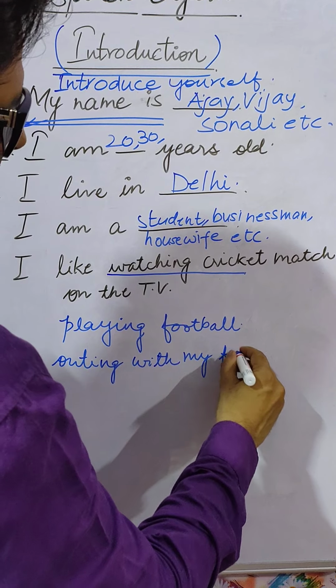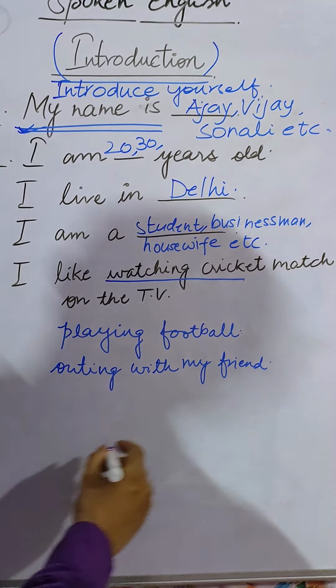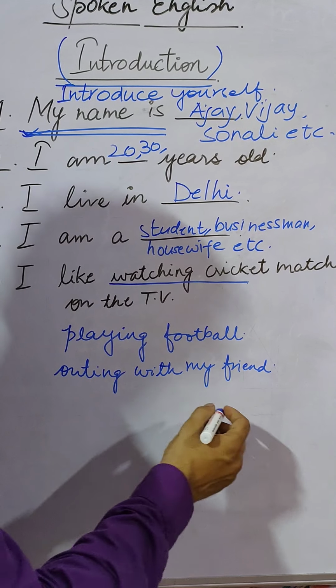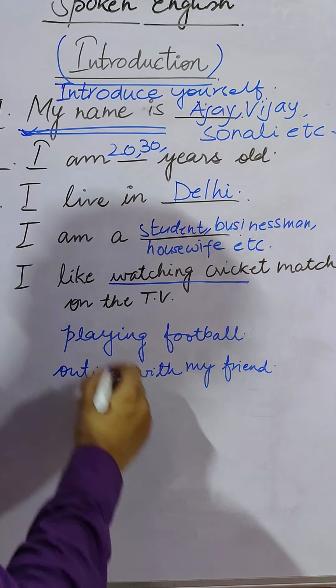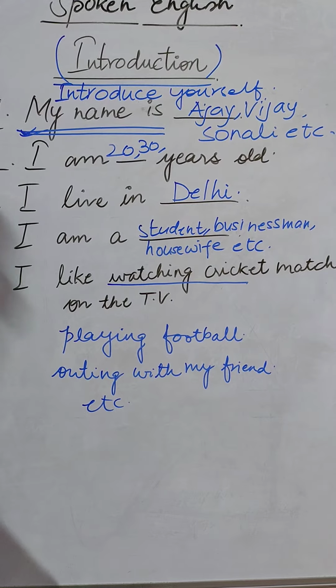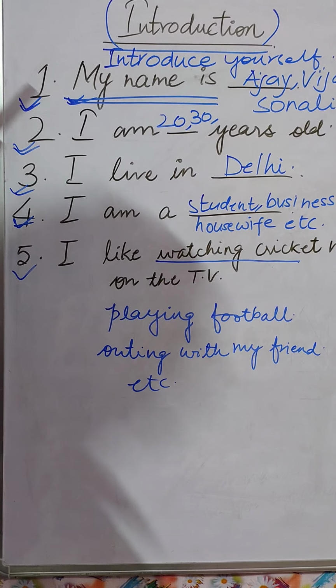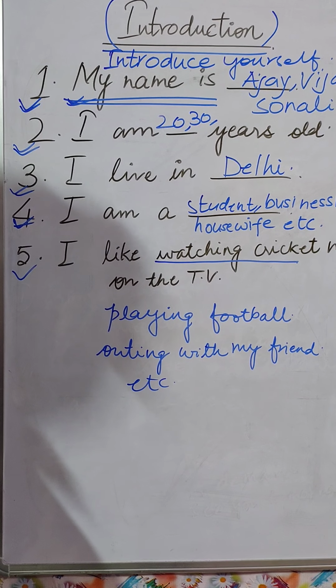Or you can say I like, or I love, I love cooking. So I like cooking and love cooking, etc. So you can add it up in your hobbies as well. So this is the way you have to introduce yourself in English. Okay, these are the 5 lines.